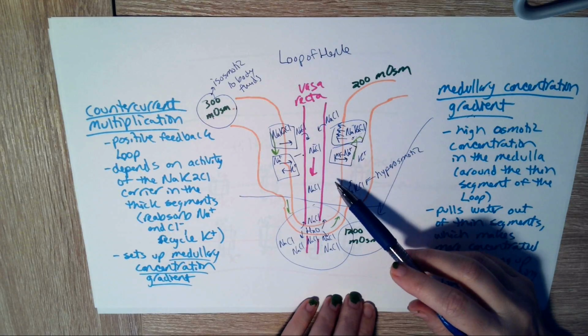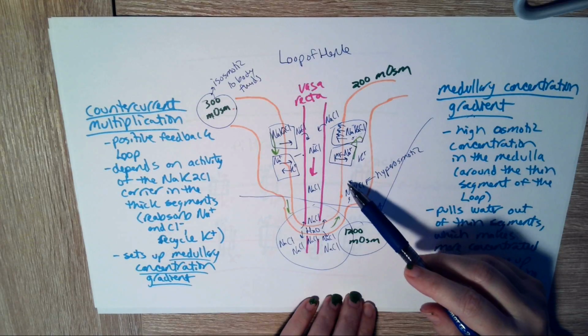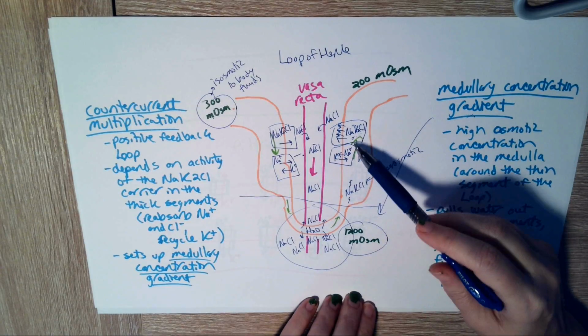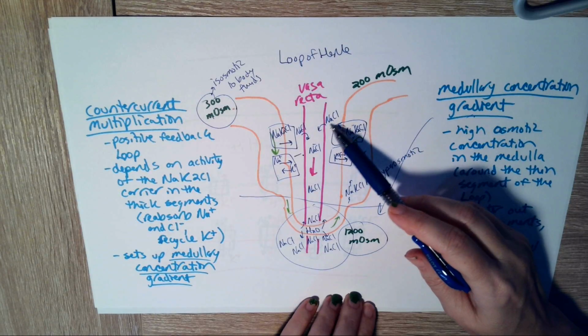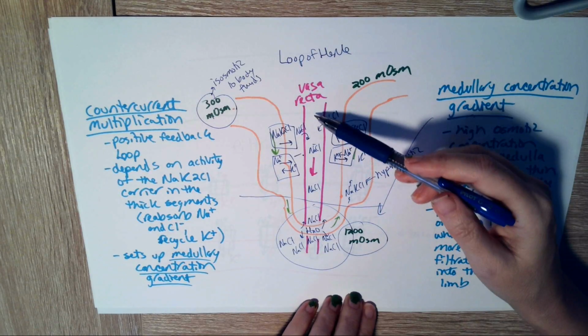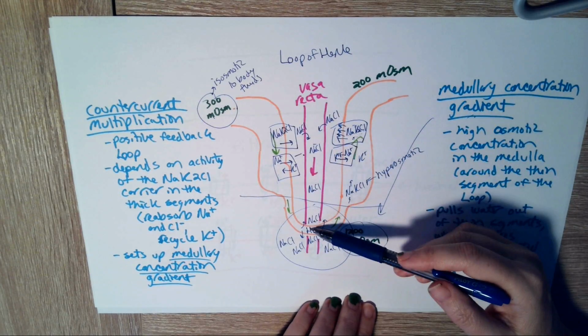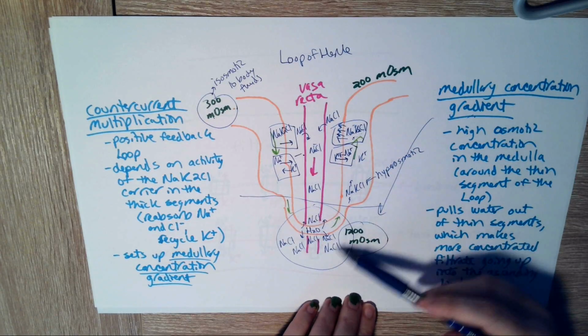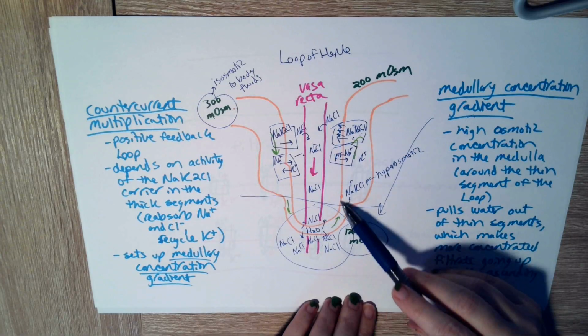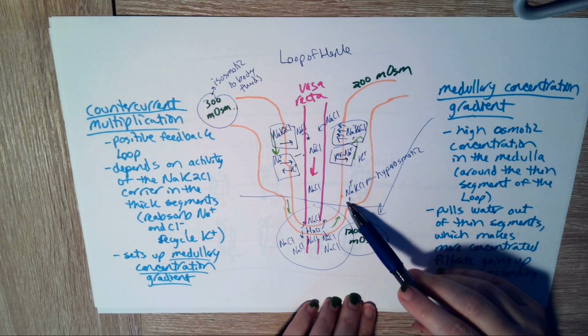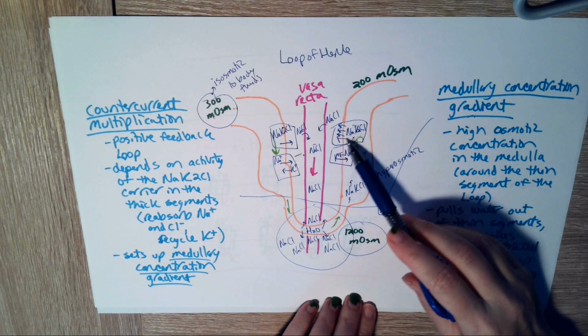Then you give it carriers and allow those ions to move out. They want to move out because you've made it super salty. You've increased their gradients. Out they go. We recycle the potassium, but the sodium and chlorine, we don't recycle. That ends up in the vasa recta, gets pulled down here, so that we have this medullary concentration gradient to pull the water out and make it more hyperosmotic, more concentrated, to keep this carrier going.